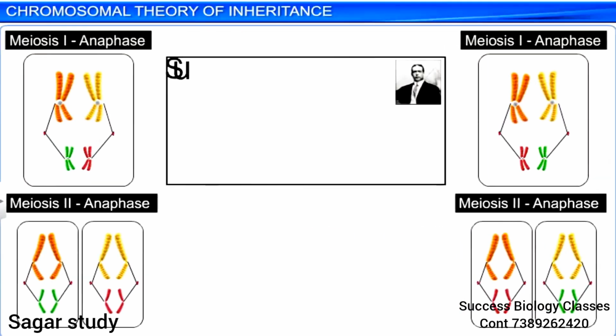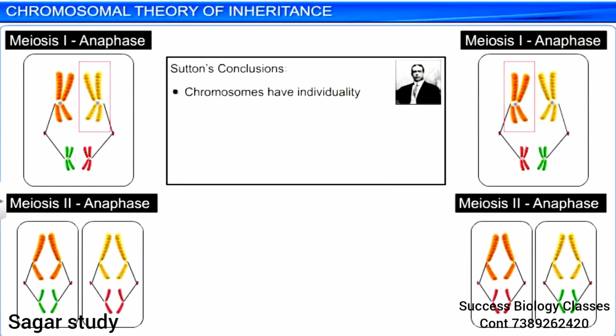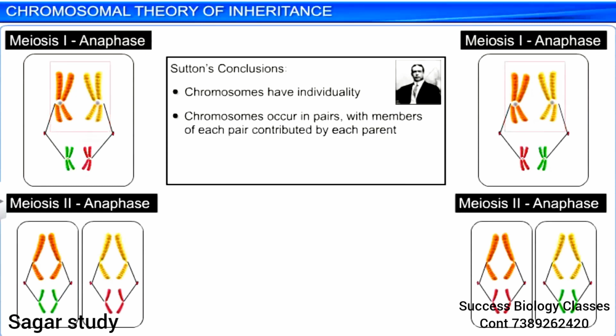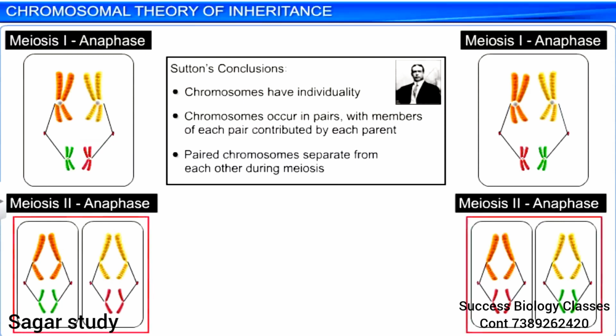Sutton analyzed this segregation of chromosomes during meiosis and concluded that chromosomes have individuality and they occur in pairs, with members of each pair contributed by each parent. He also concluded that the paired chromosomes separate from each other during meiosis, and the distribution of the paternal and maternal chromosomes in each homologous pair is independent of each other.